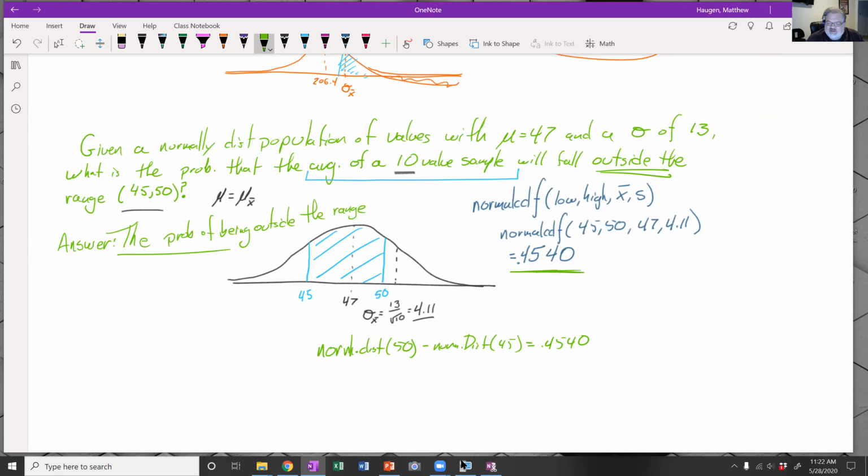This is the probability of being inside that range, so the probability of being outside is 0.5460, or 54%. Must read the problems very carefully.